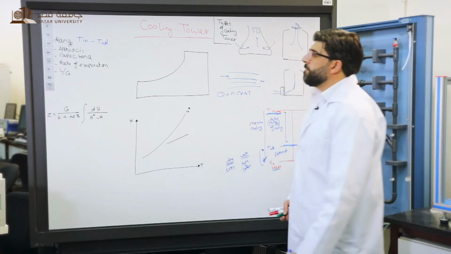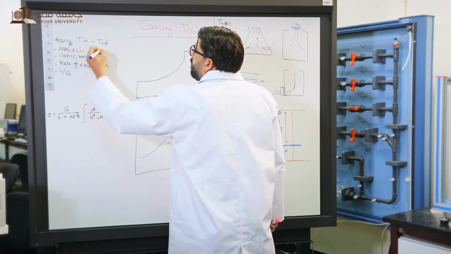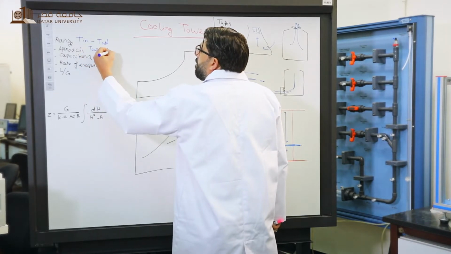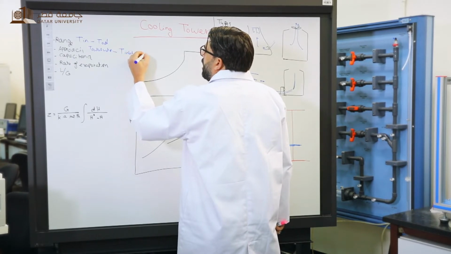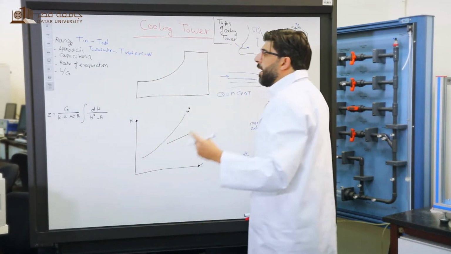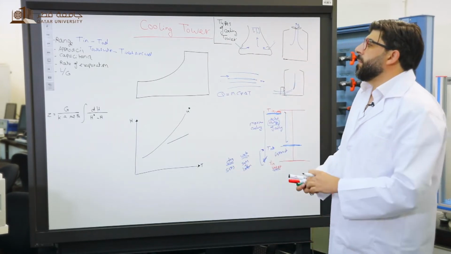So the approach is the temperature of outlet water minus the temperature of inlet air wet bulb, because we said we have two temperatures of air: dry and wet.